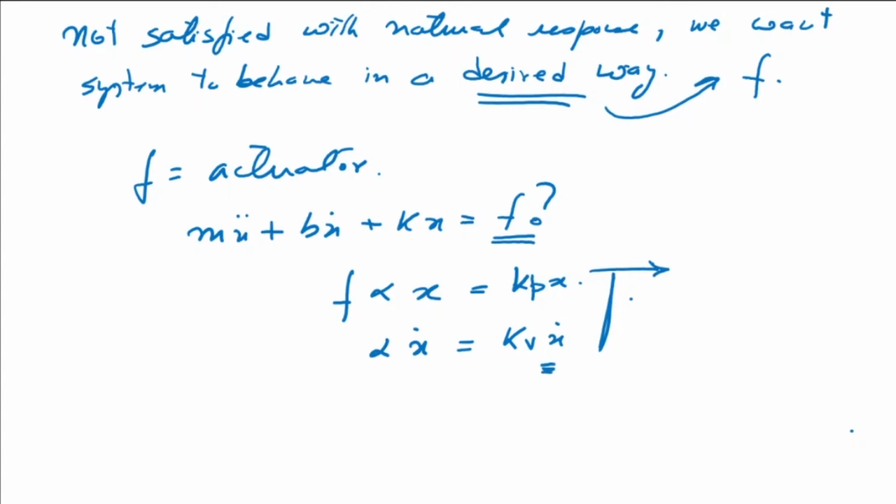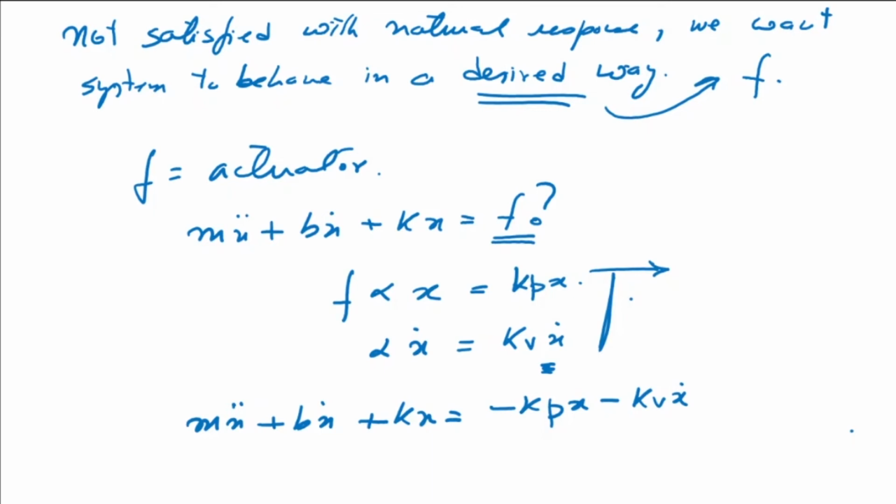So there is a change with respect to time. If I put both of these in, what I get is m x double dot plus b x dot plus k x is equal to minus kp x minus kv x dot. The question was, what should be the f we apply?